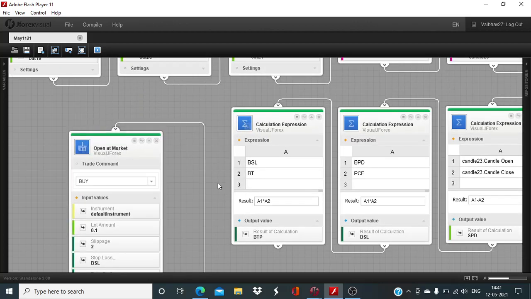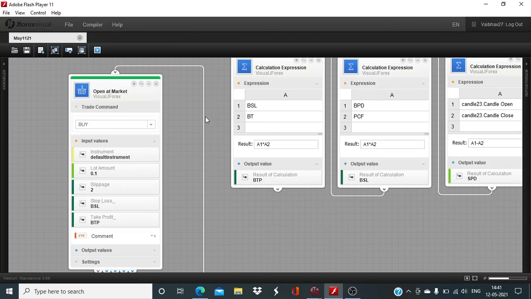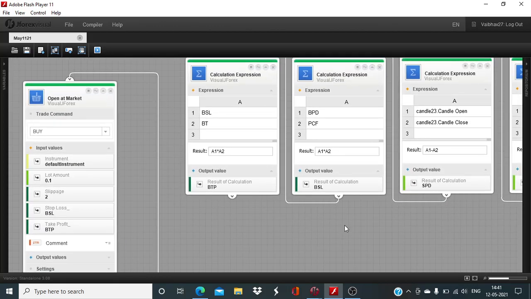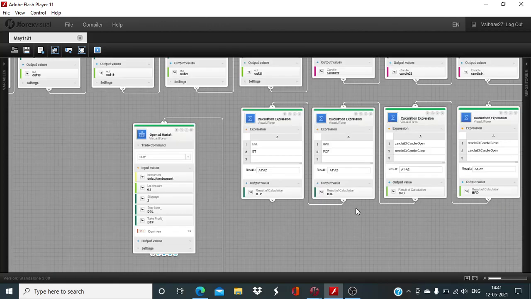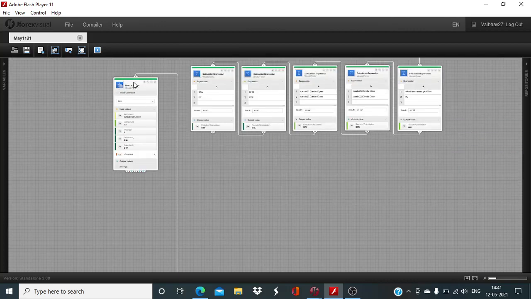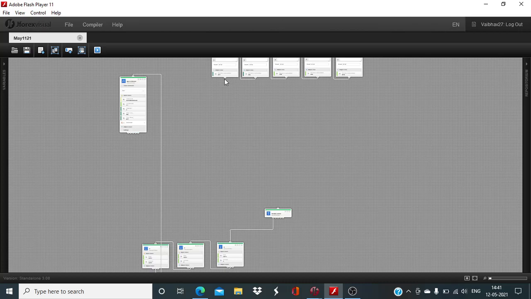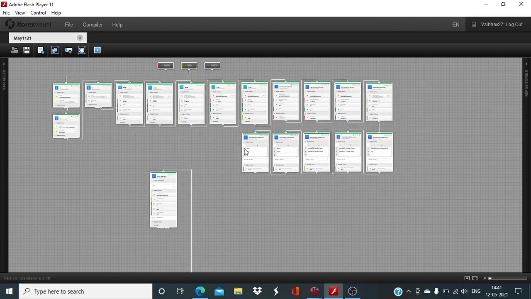Okay, and with this we have defined the conditions which need to be in place for the execution of the buy order. For the time being, I will join it here.